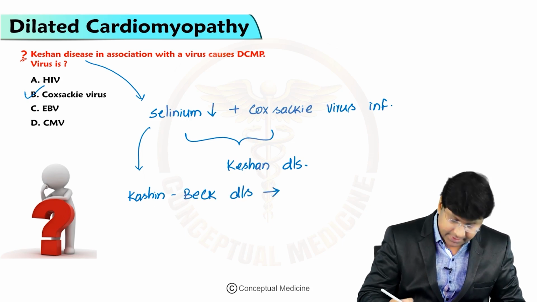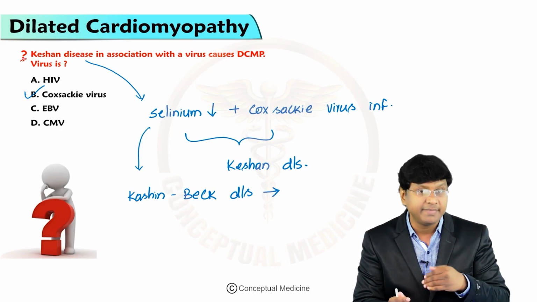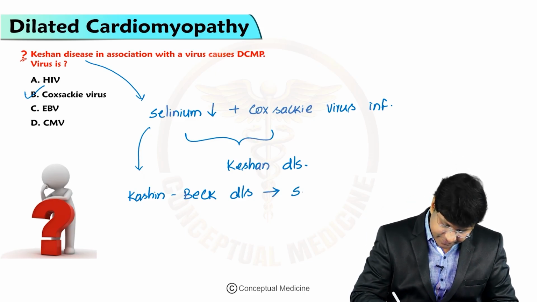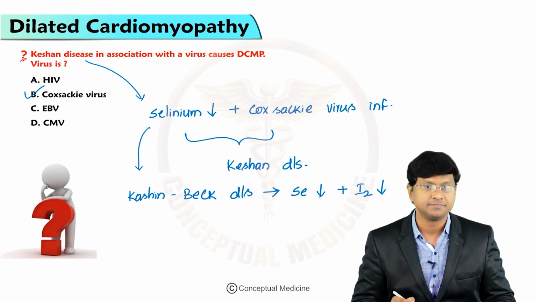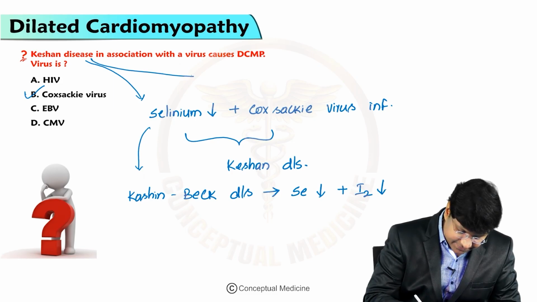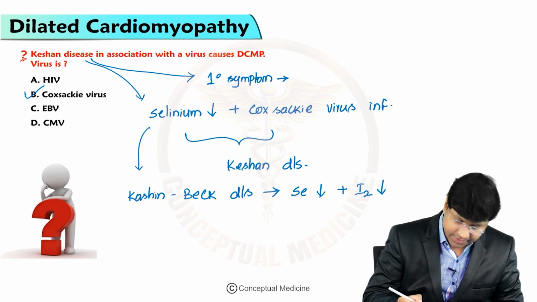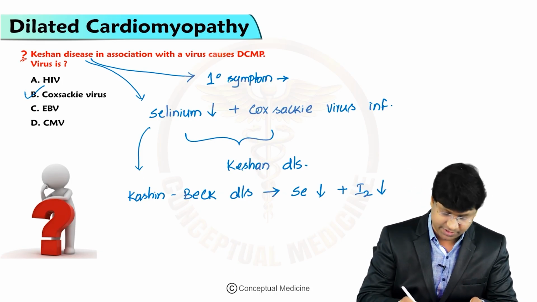Now, what is this particular Cashin-Beck disease? Along with selenium deficiency, you also have iodine deficiency as well. Right? And what will be the primary symptom of Keshan disease? The primary symptom of Keshan disease is myocardial necrosis.